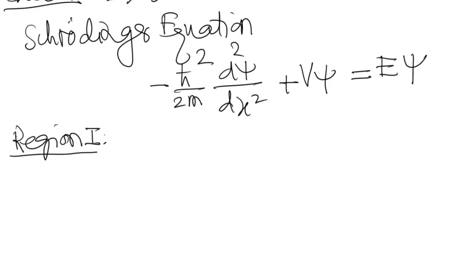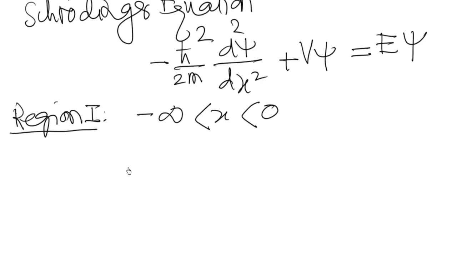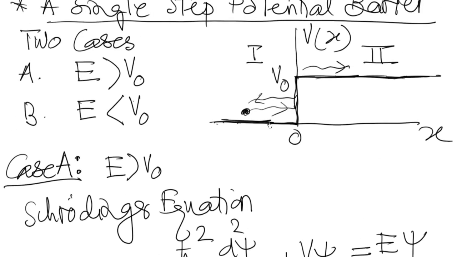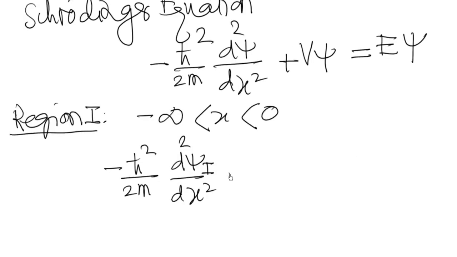If you write down the Schrödinger equation here, we denote the wave function in region 1 as psi 1, and in region 1 the potential energy is 0, so it's 0 into psi 1 equal to E psi 1.